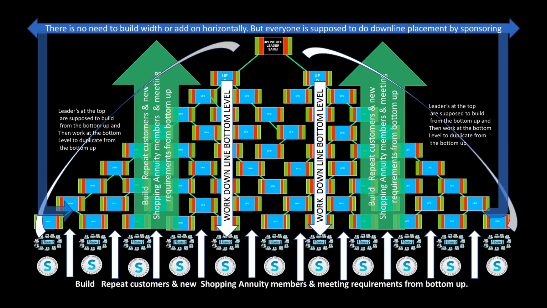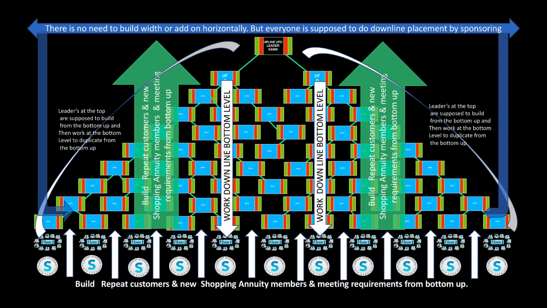And then we get them involved in the shopping annuity because it saves them money and it really fuels the system, requiring one quarter of the volume or one quarter of the people, producing four times the volume, so the people earn checks faster. But without the retail base of customers, there is no business, because that's what makes it profitable step by step for every UFO, and then starts to compound the volume up the binary or binomial system.